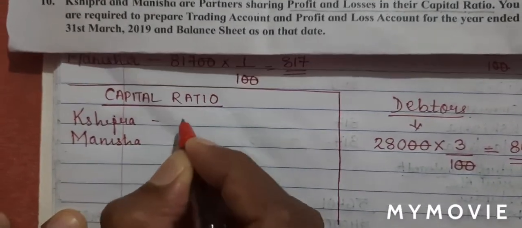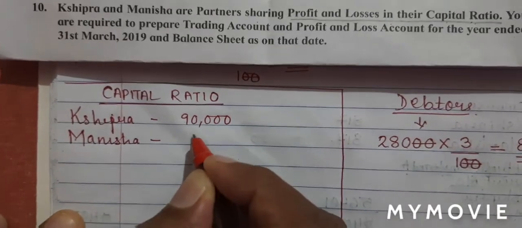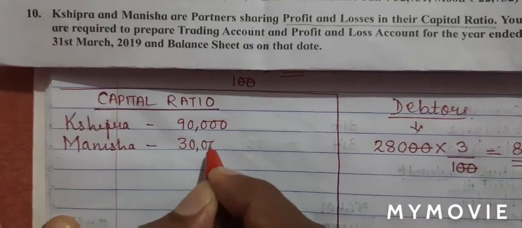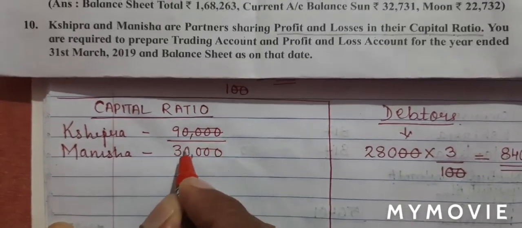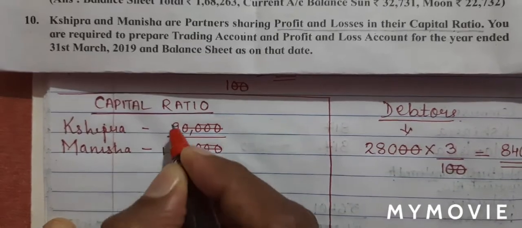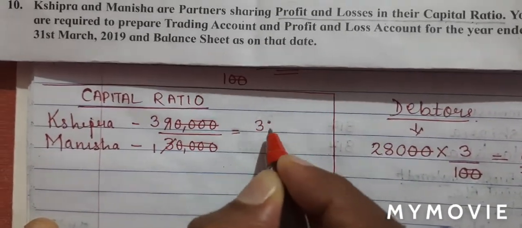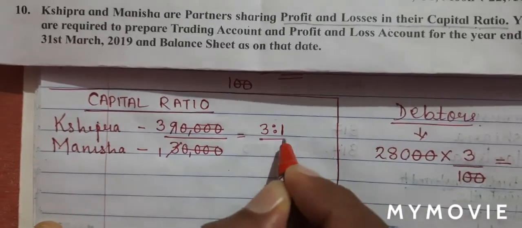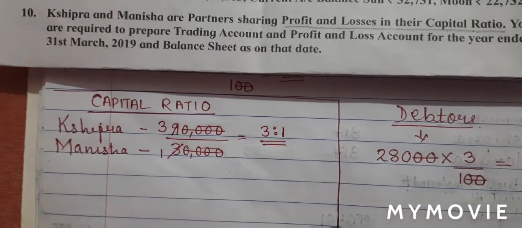For Shipra it is 90,000 and Manisha's capital amount is 30,000. So let us do the calculation of ratio. So we'll cancel the zeros. When we cancel the zeros, 3 ones are 3. I can reduce it, and 3 threes are 9. So my ratio is 3:1. This is the ratio that the partners are going to share their profit and loss.